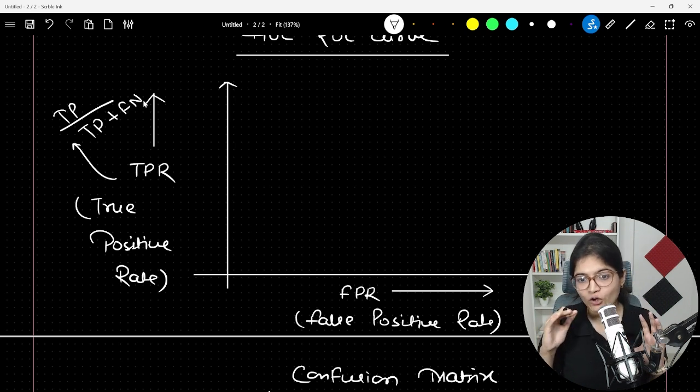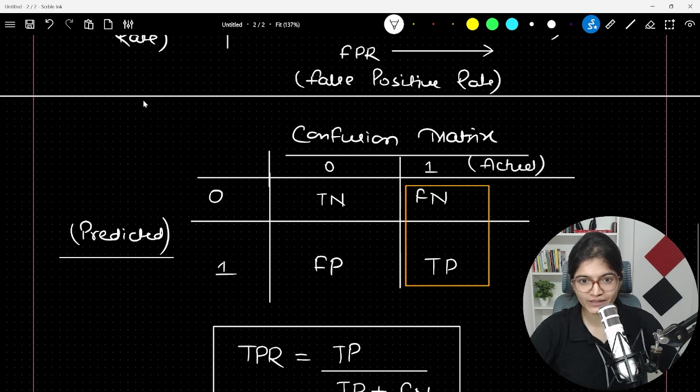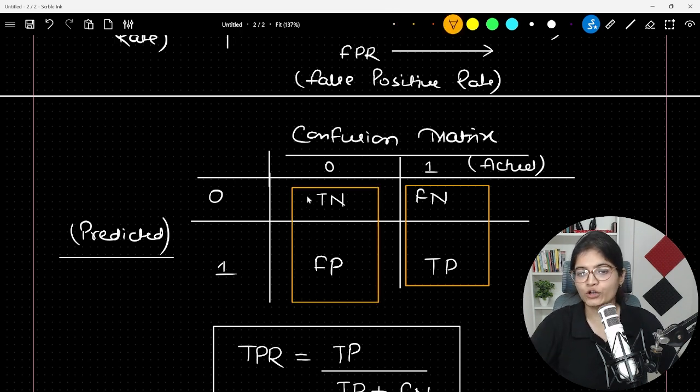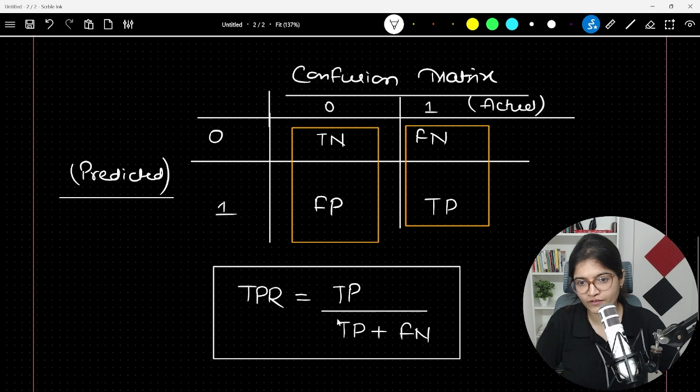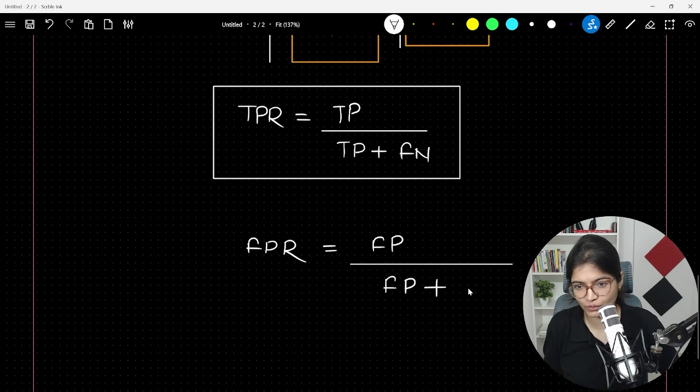We have to evaluate on the x-axis the value of FPR. What is the meaning of FPR? FPR is nothing but the false positive value: how many of them are false positive out of the actual negative values that we have, which is this portion I'm talking about. So if I want to evaluate the value of FPR, false positive rate, it is nothing but false positive divided by false positive plus true negative.